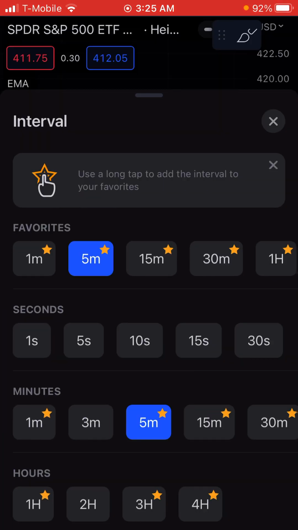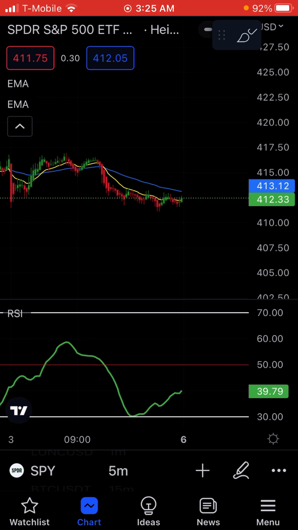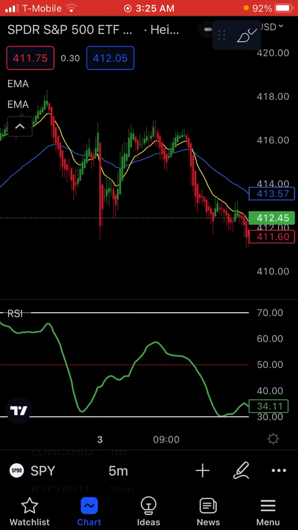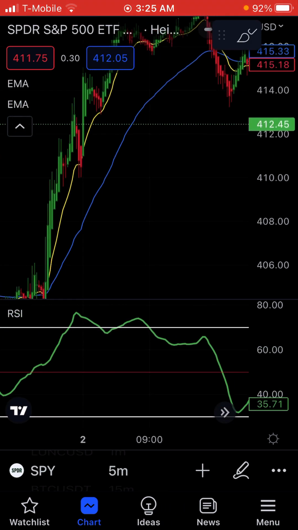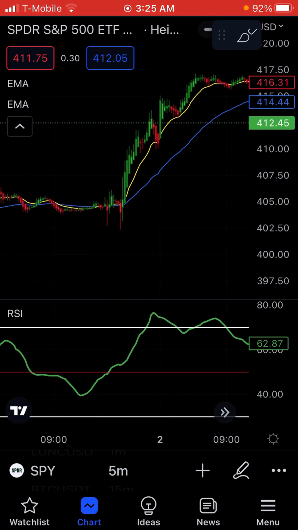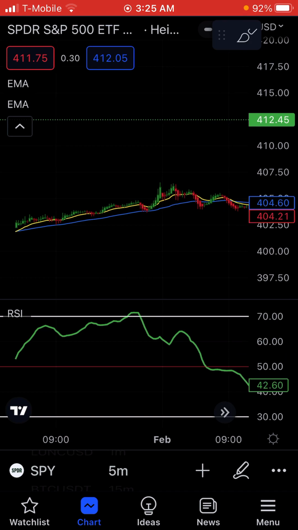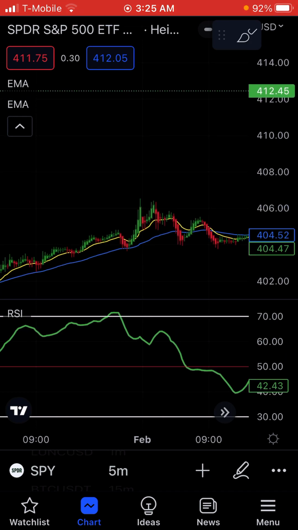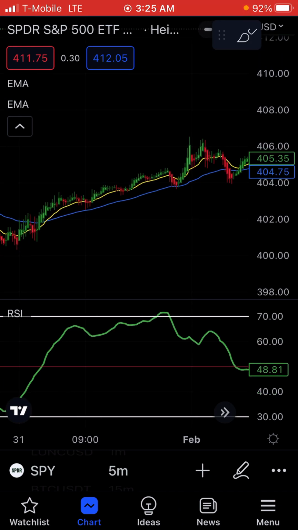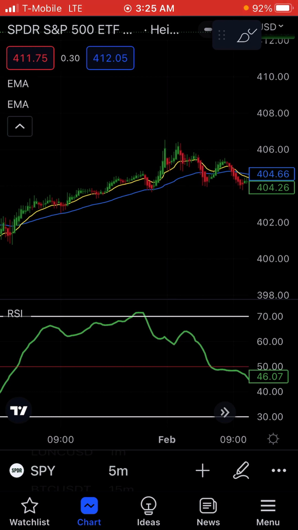If you went to the 5 minute real quick and you waited for a cross, you might get lucky with a couple spots, but the 5 minute and the 1 minute are usually for same day, I think they call it intraday. You basically get in and out in the same day.